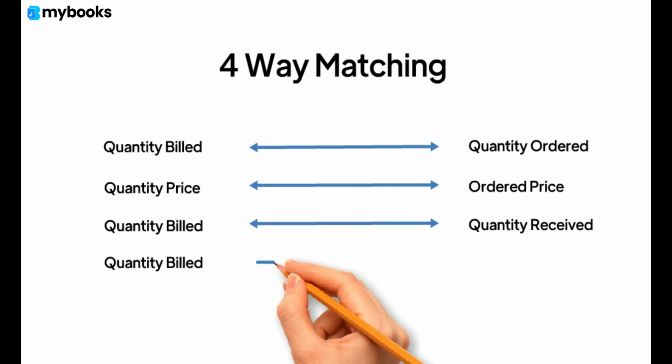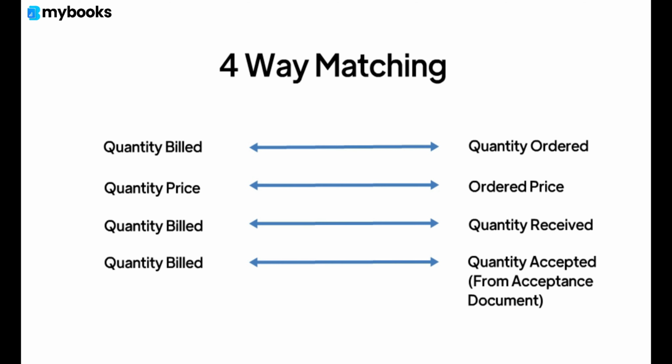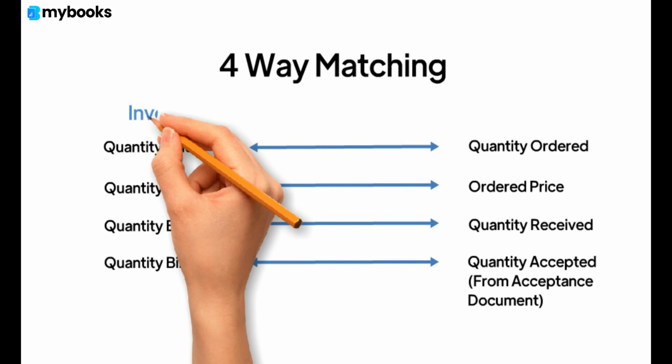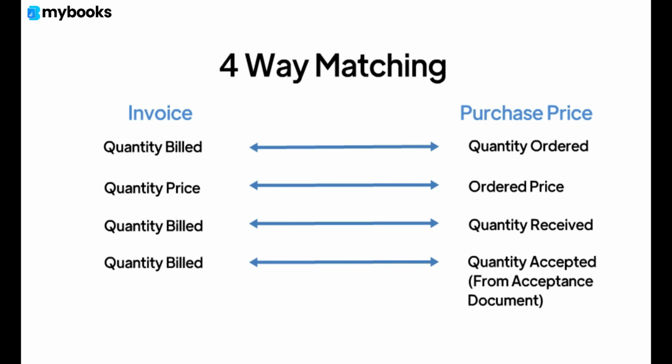The only additional case is quantity billed with the quantity accepted. Again, the quantity billed will be available on the invoice, whereas the quantity accepted will come from the acceptance document which was sent by the inspection and quality department to the accounts payable department. So, when everything is matching, the accounts payable department will make the payment to the vendor because we are passing the criteria of four-way matching.